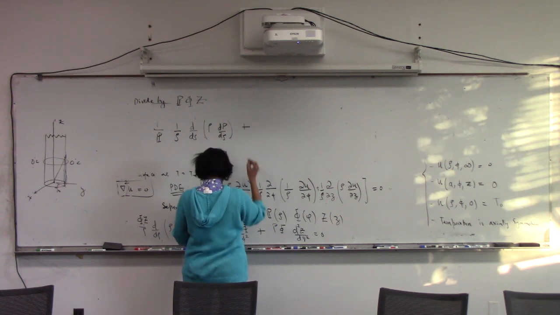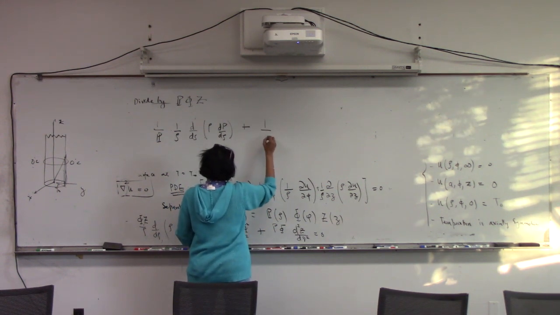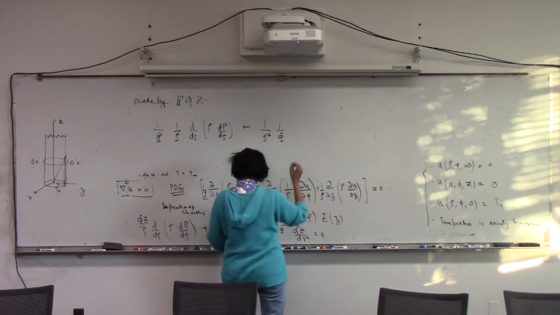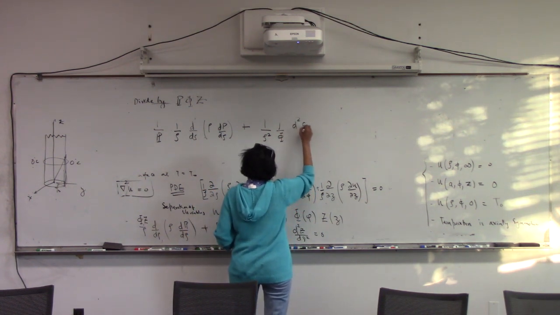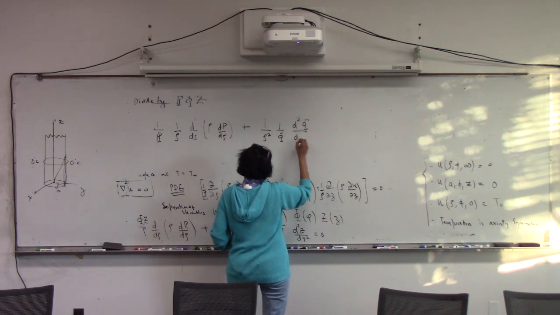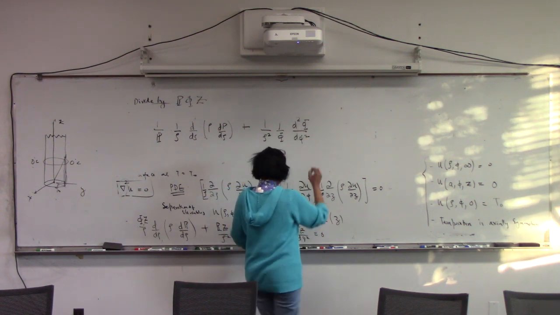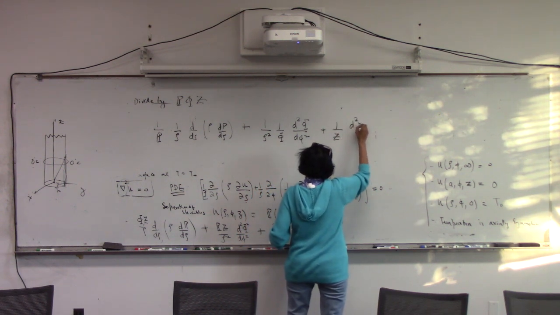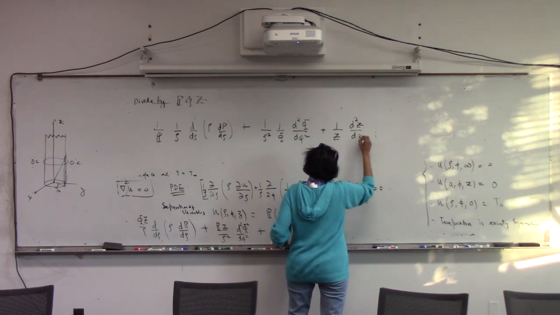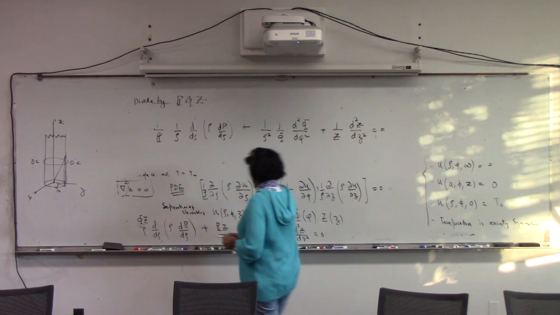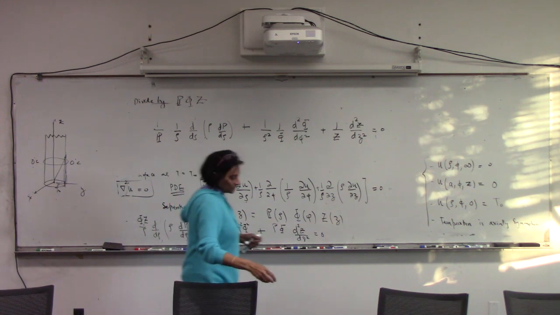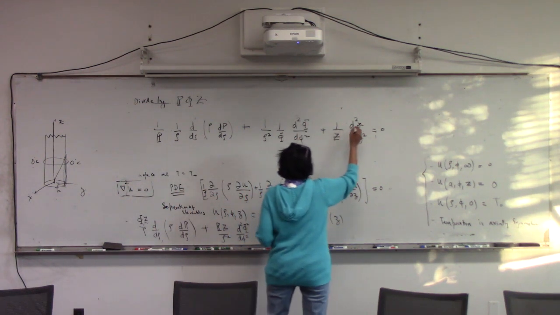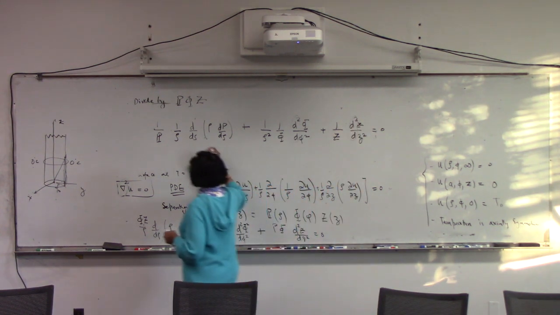Then, P phi Z, so I have 1 over rho square, the function phi, d square phi d phi square, and 1 over Z, the function, d square Z d z square, equal to 0. All right, all of them have become normal, not PDEs anymore, full differentials, right?